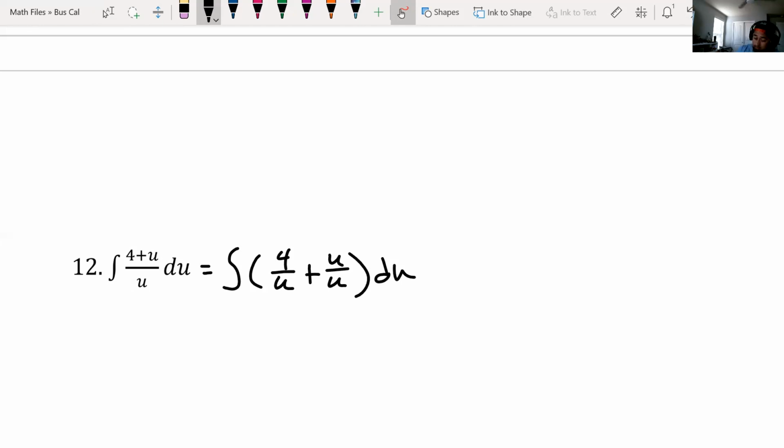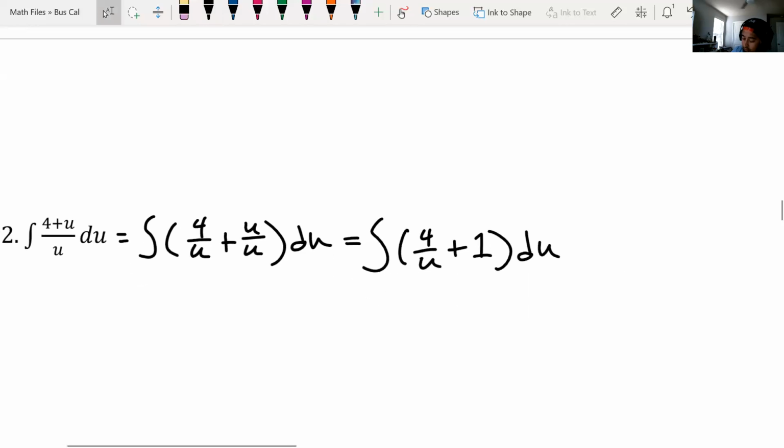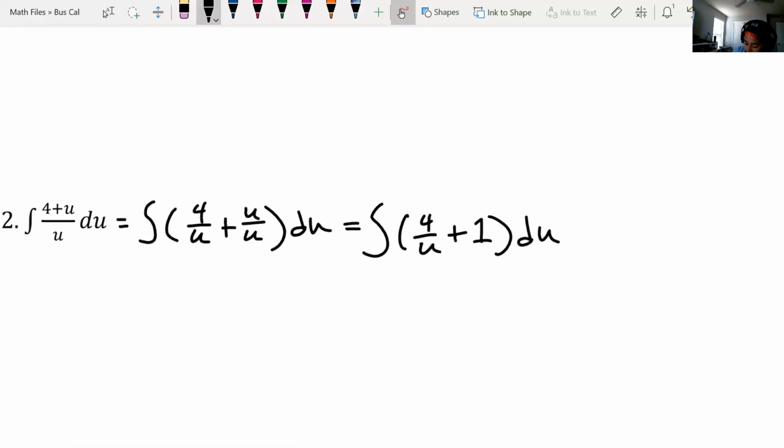And now I'm going to simplify it. I get the integral of 4 over u, that's going to stay the same, plus u over u, which becomes 1, du. Okay, and now I have 2 terms inside the same integral. So we're going to split it into two integrals.